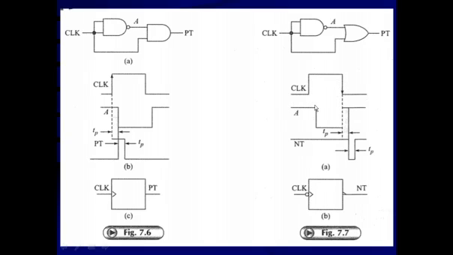The output of the clock waveform is going to be delayed by propagation delay time here. So the output, which is high initially, goes low after propagation delay time. On a trailing edge, you can see that when the clock input changes from high to low, shown by this down arrow, the output of this NAND gate changes from low to high.